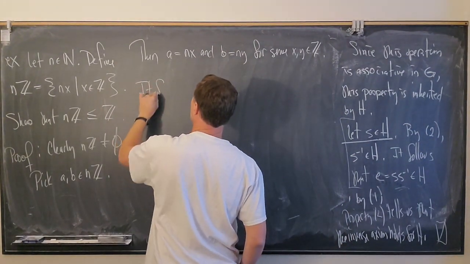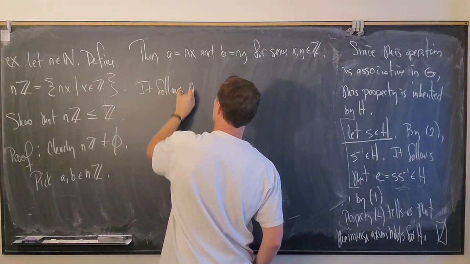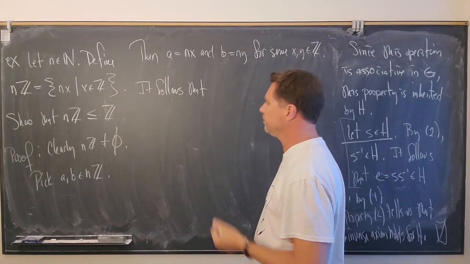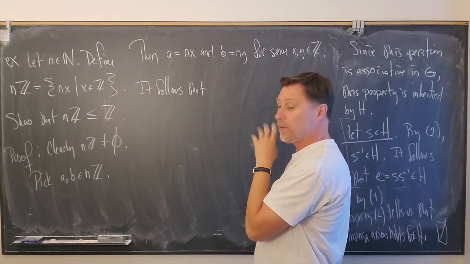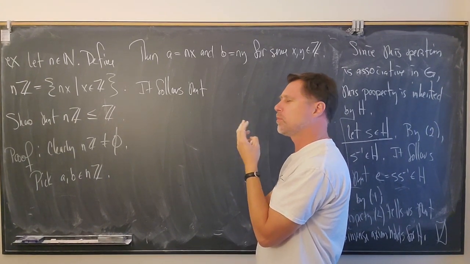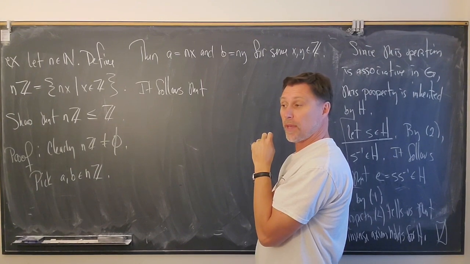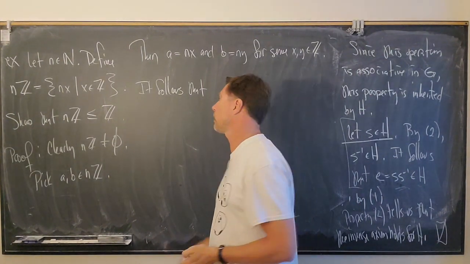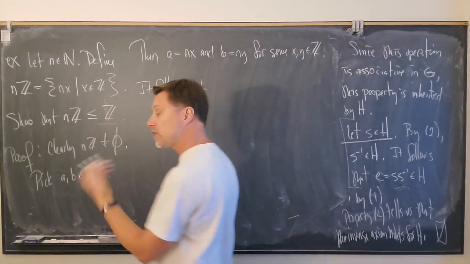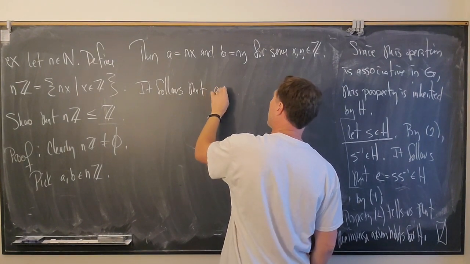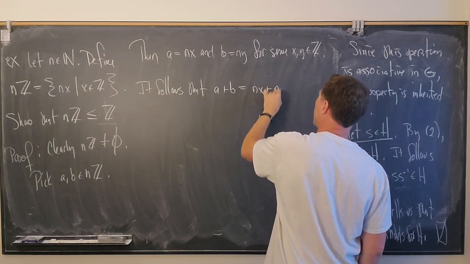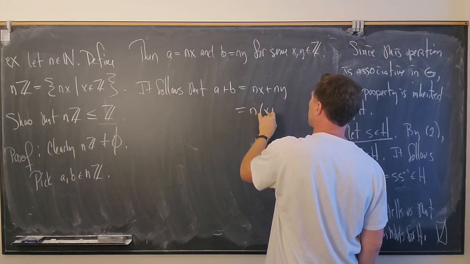So it follows that, so let's see now. I need to multiply, and need to be a little bit careful here. I shouldn't have even really said the word multiply, but axiom 1 of the subgroup test says you need to show that it's closed under multiplication, and what that means is closed under the operation. In this case, we're working in Z. The operation is addition, so I want to look at a plus b. That's equal to nx plus ny, which is n times x plus y.